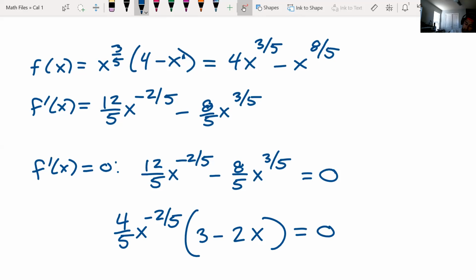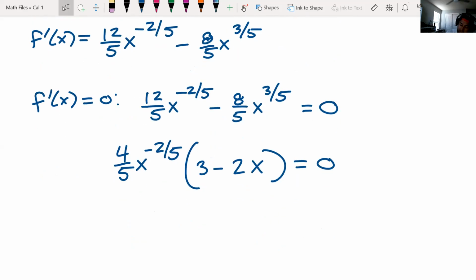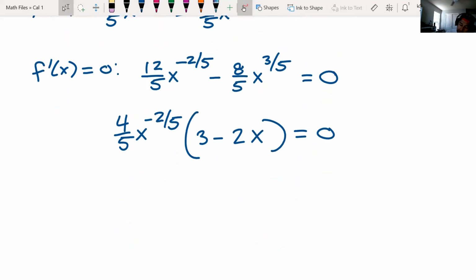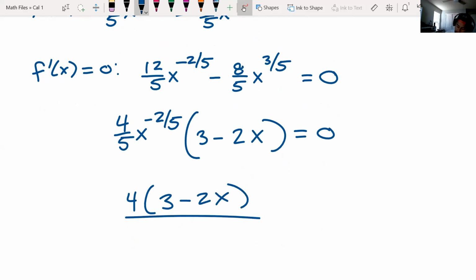Very nice. Okay. So you factor out 4/5 x to the negative 2/5 times 3 minus 2x. Next, I'm just going to rewrite this as a fraction. I'm going to put this as 4 times 3 minus 2x over 5x to the positive 2/5.